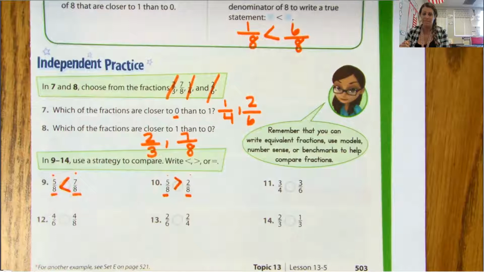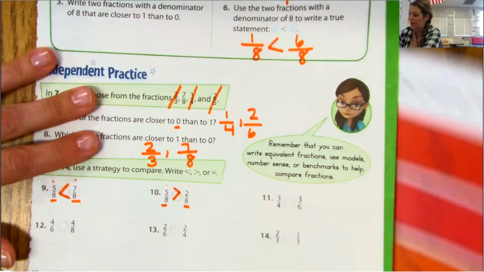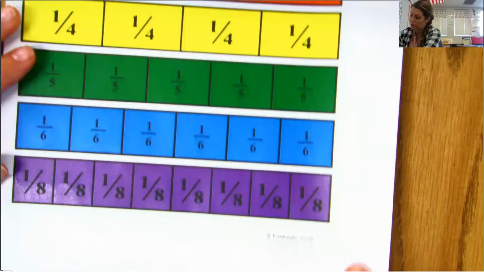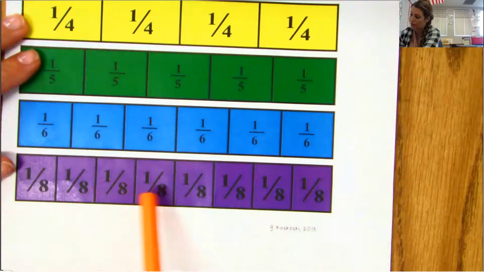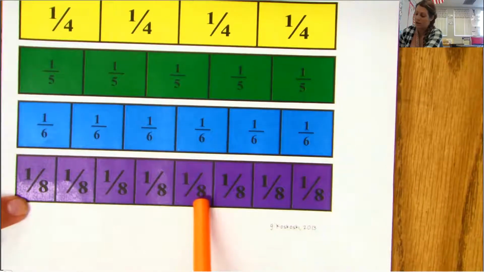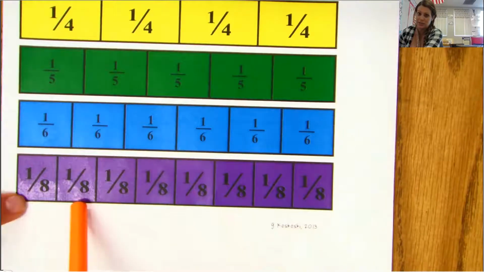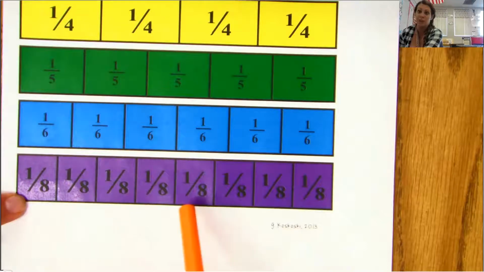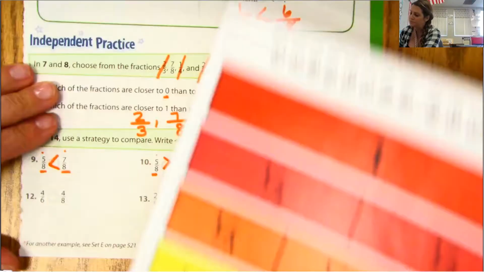Okay? All right, and then we can also compare by looking at our fraction bar. 1, 2, 3, 4, 5/8. And then we've got 2/8. We know 5/8 is greater. It's closer to 1 whole.